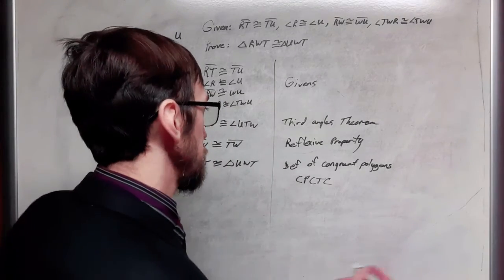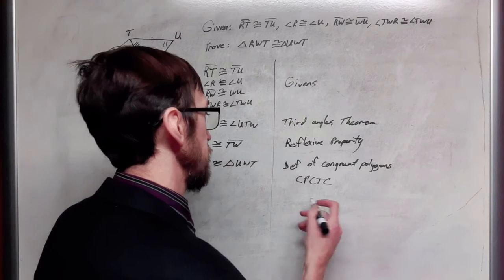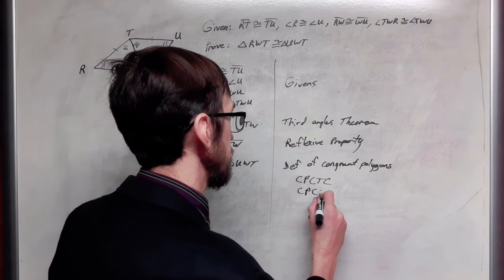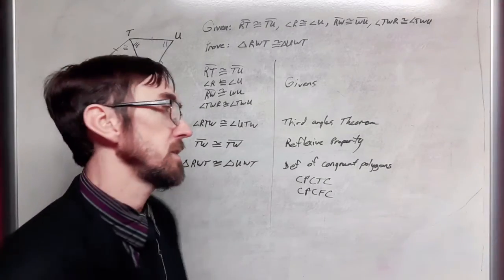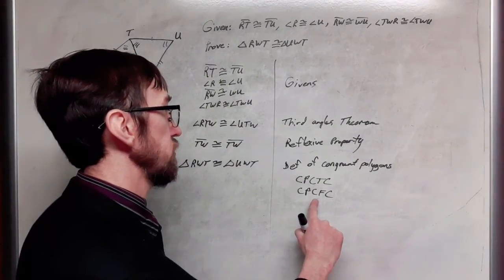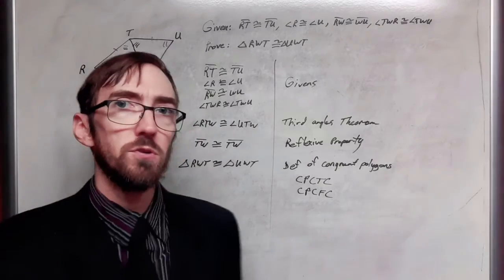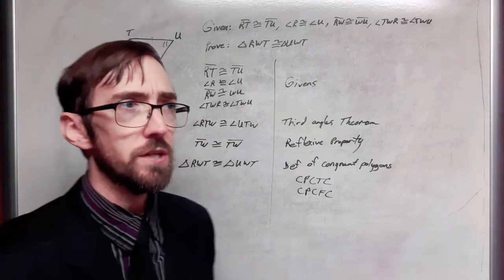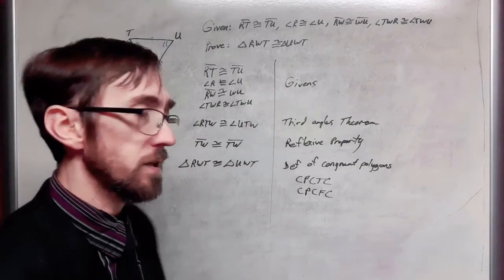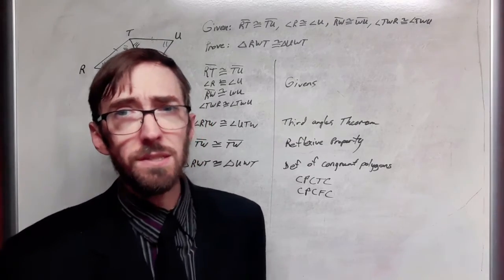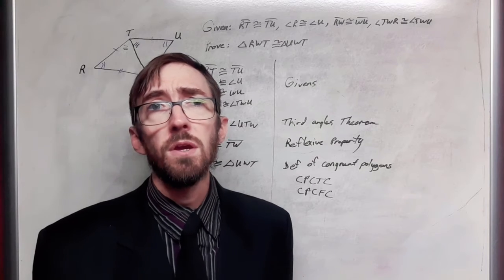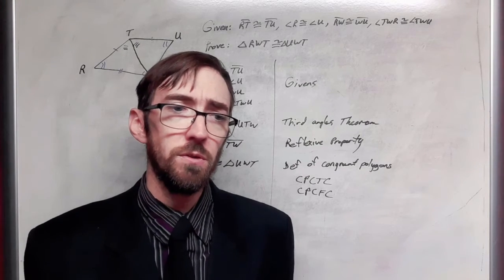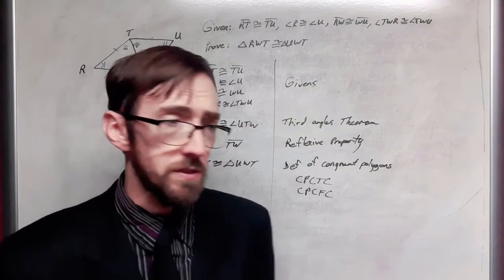I've also seen an alternate version of this where the T is replaced with an F, so you have CPCFC. And what this is trying to indicate is that corresponding parts of congruent figures are congruent. So they're using figures as a generic instead of polygons there. So you might need a slightly different definition there. If we don't specifically have polygons there, we might generically call them figures and be using a different definition.